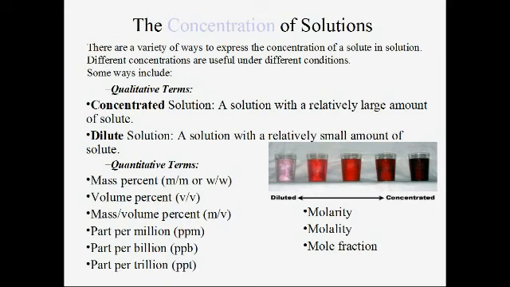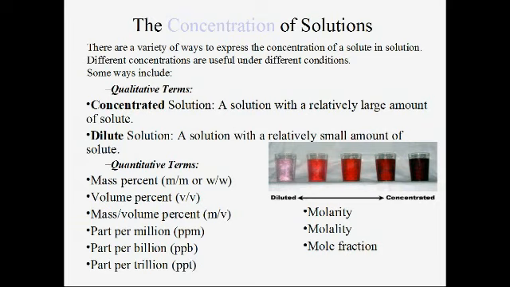So we can use qualitative terms, whether a solution is concentrated or dilute. Concentrated, we have a large amount of solute for our purposes, and dilute, we have a small amount of solute for our purposes.